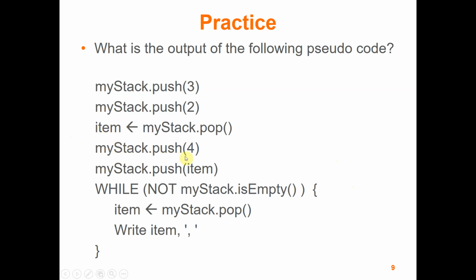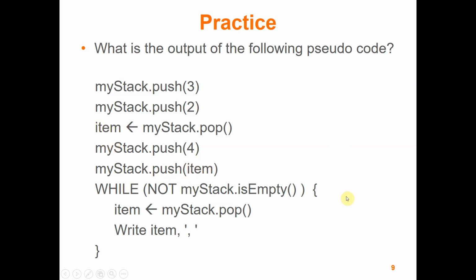My stack dot push 4. We only had number 3 in the stack. Now we pushed 4, so far we have 3 and 4. And again we push another data element into the stack, which is the variable item, in which we stored number 2.